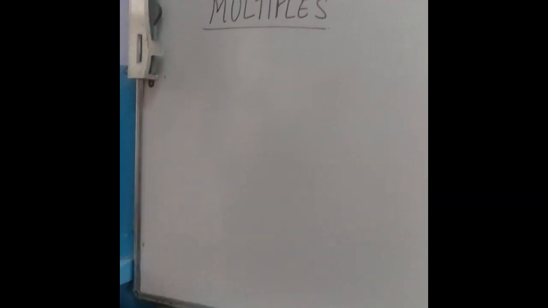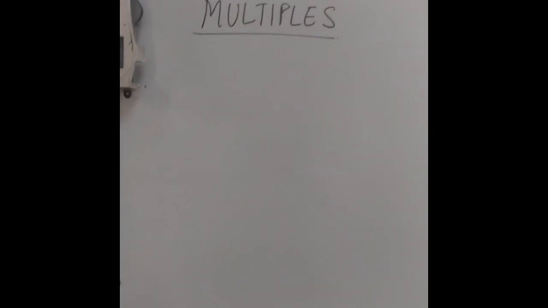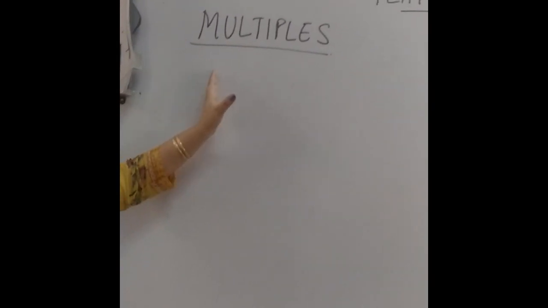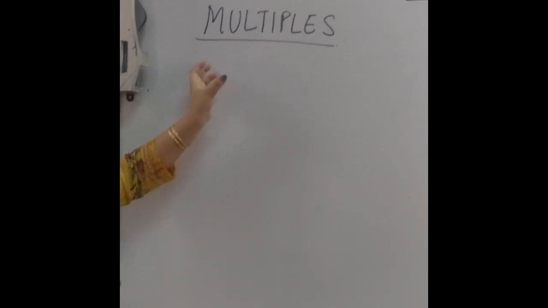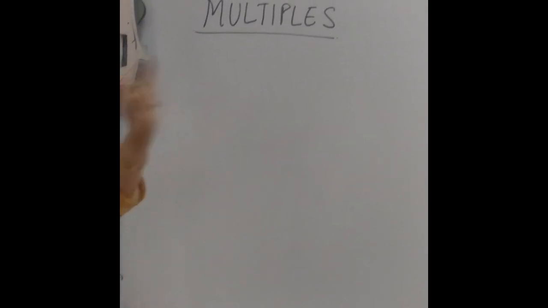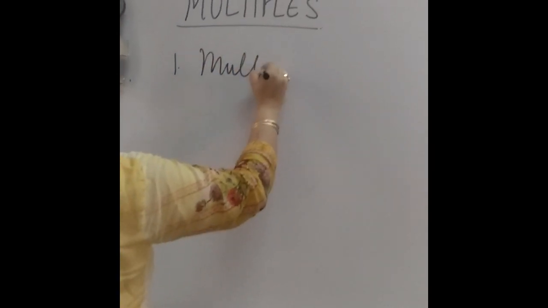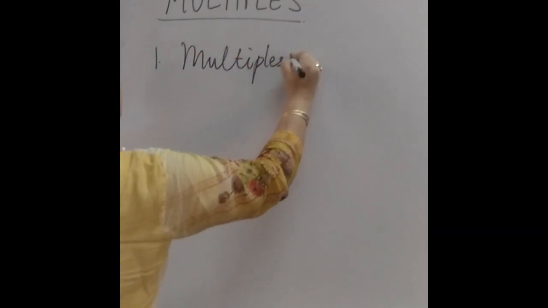Now let us start with the multiples. They are very easy to understand because we are learning the multiples from the junior classes onwards. Multiples are actually the numbers which we get after multiplying a particular number with any other number. Suppose we are going to find the multiples of 5.